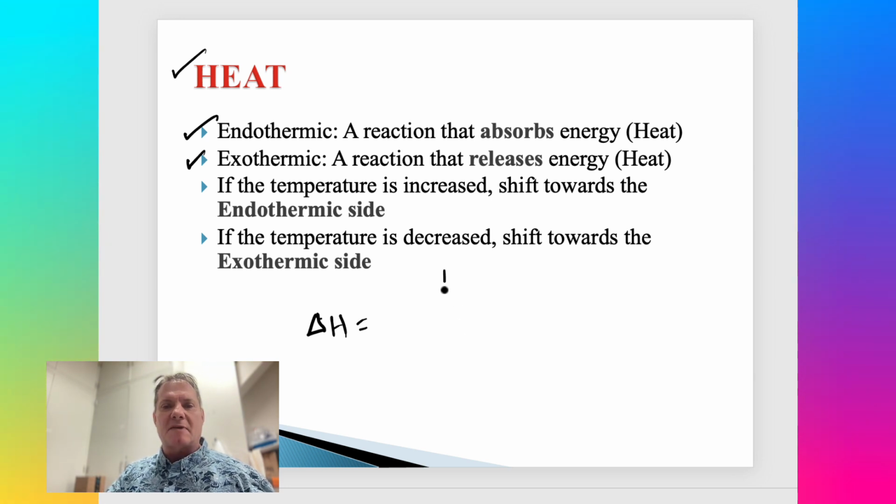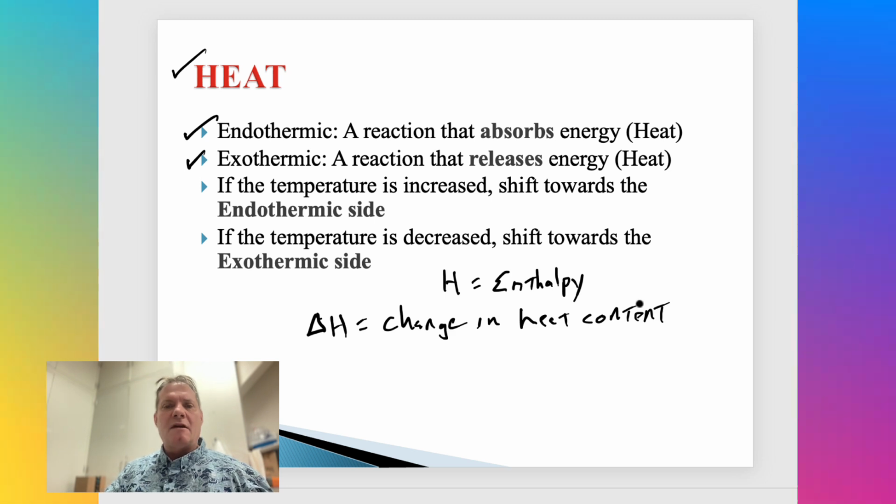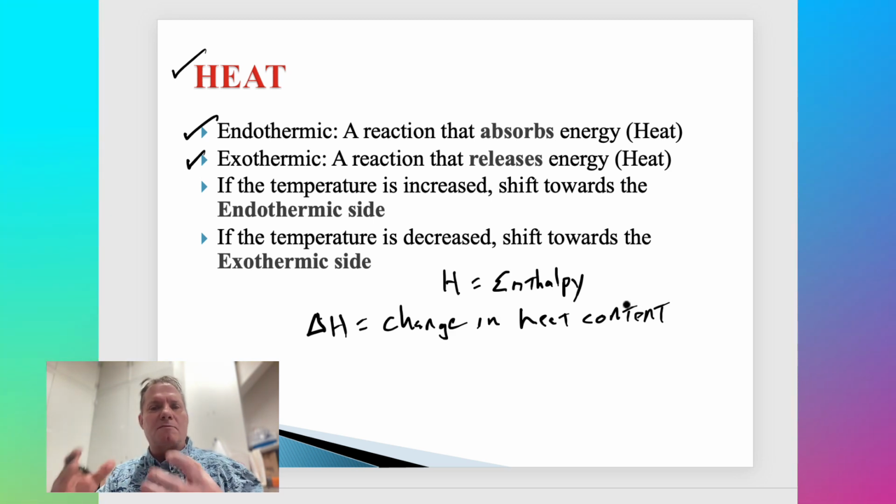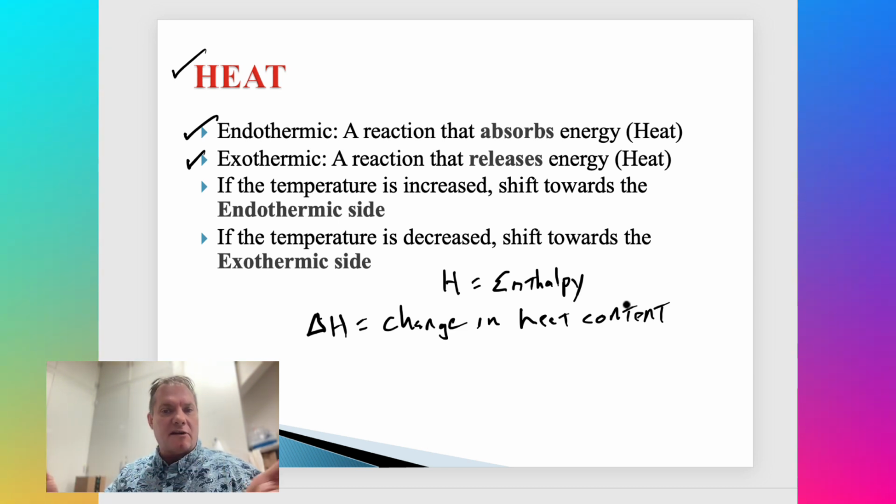We need to talk about something called enthalpy, which we abbreviate H. A change in enthalpy is talking really about the change in heat content. So we can think about this as the fact that each molecule has a certain amount of heat content built into its bonds. If a reaction loses that heat content, then clearly heat has to be released. Or a reaction can gain heat content by pulling heat in and using that energy within its bonds.